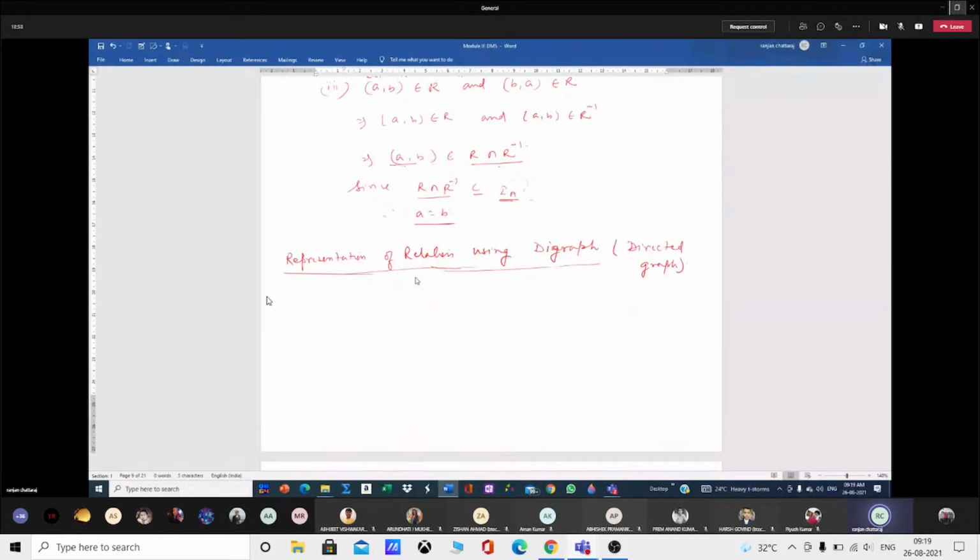So first come to the diagram. What is the diagram? I'm simply writing down the definitions.